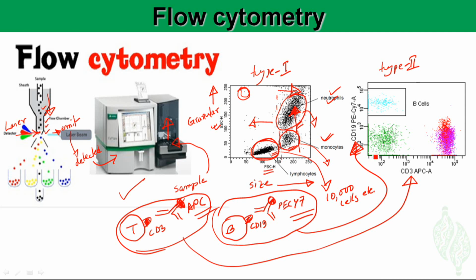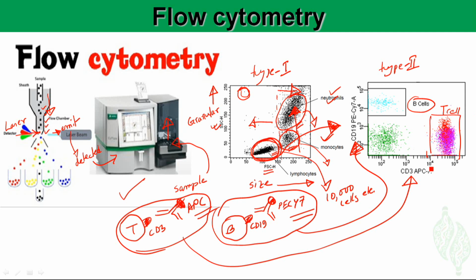So when you have the first plot, you can gate this lymphocyte population, and from this gate you can separate the T lymphocytes or B cells depending on the fluorochrome. And the software will give the total count of the B cells and the T cells from this plot. So this is how we actually count the cells.